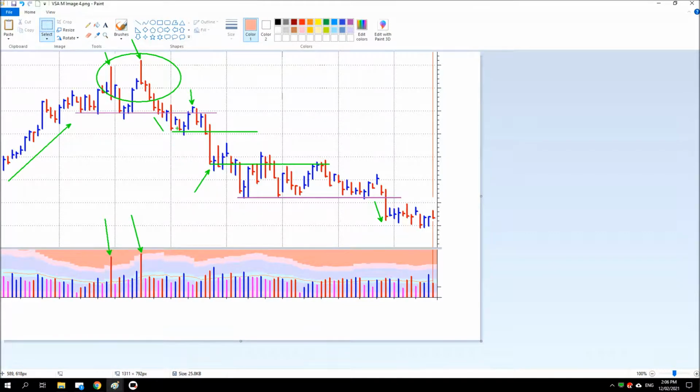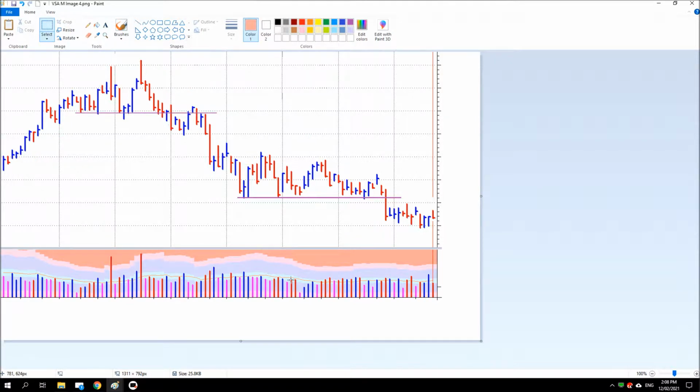You can see price breaks down below the previous level of support. It's unable to recover. It breaks down again. There's no ability for the market to recover again. Here's the previous support, and price breaks down again.